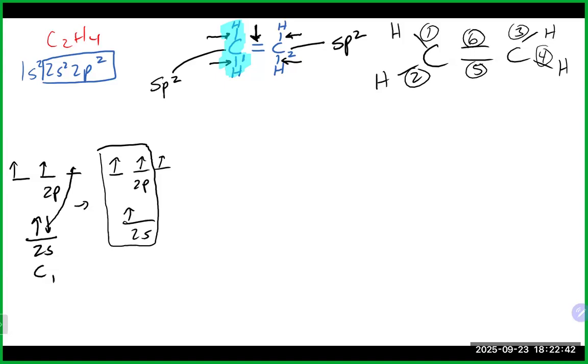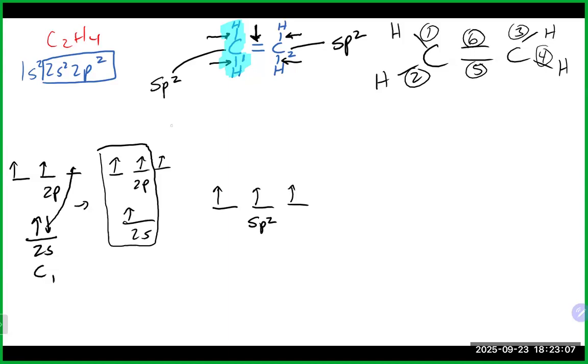Yeah, so if I hybridize 3 atomic orbitals here, how many hybrid orbitals should I get? I should get 3. For every atomic orbital that goes through hybridization, you get a hybrid orbital out of it. So this should hybridize as 3 equivalent sp2 hybrid orbitals. Each of them, as you can see there in the box, has 1 electron in it.